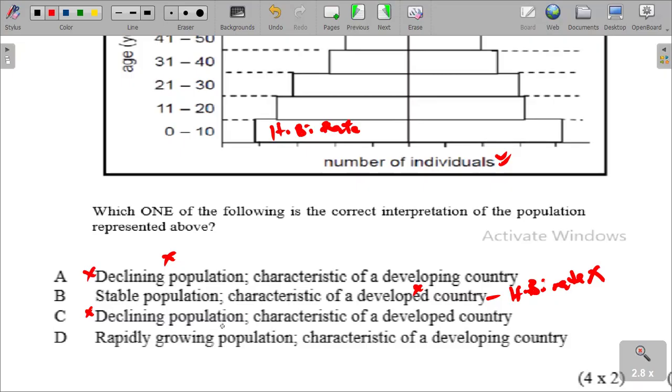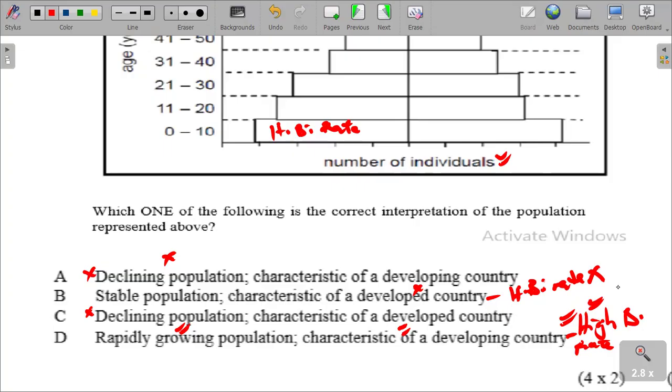And then rapidly growing population, that is correct, the population is rapidly growing, a characteristic of a developing country, because it actually shows high birth rate. It is correct to say that developing countries have got high birth rate.